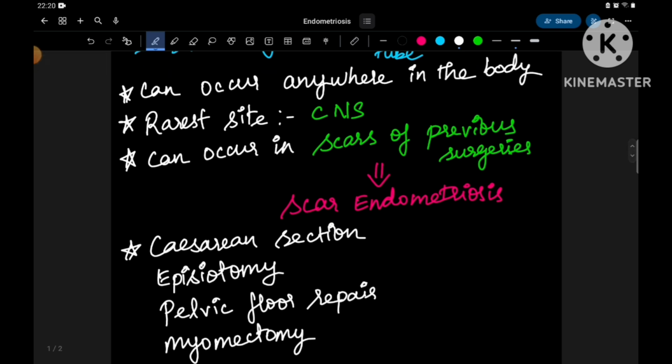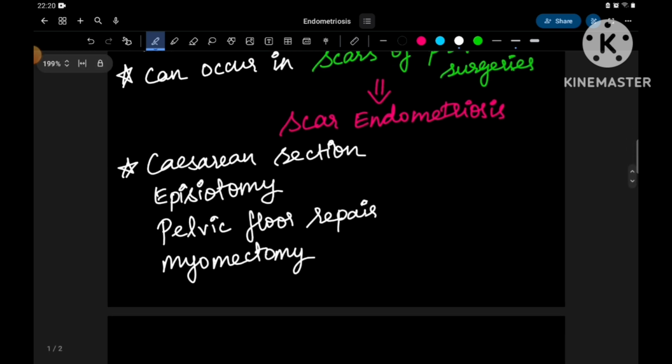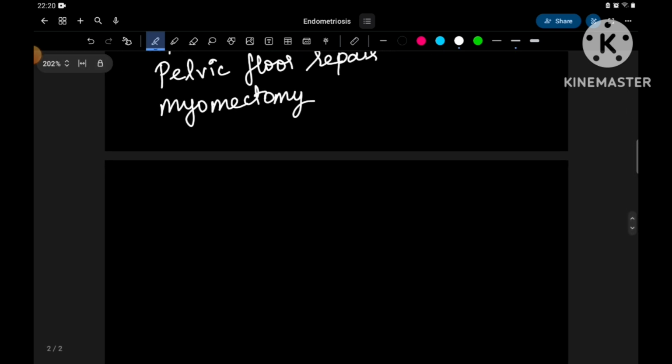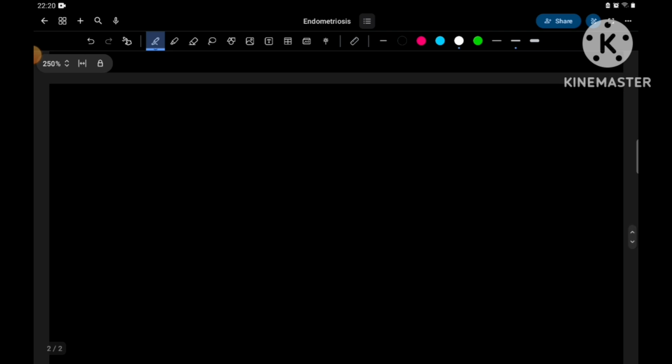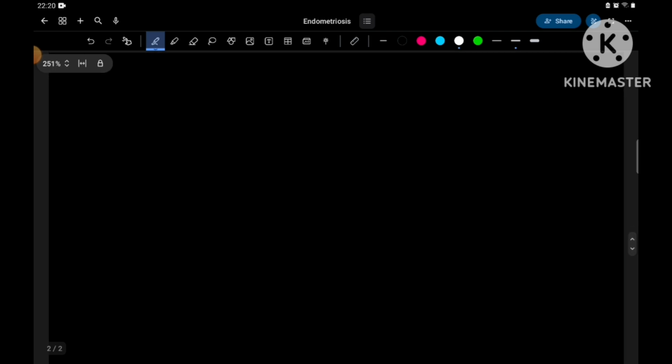The rarest site is central nervous system, and it can also occur in scars of the previous surgeries, which is called scar endometriosis. And the common surgeries in which this scar endometriosis occurs are cesarean section, episiotomy, pelvic floor repair and myomectomy. Okay, now let's deal with the theories related to endometriosis.